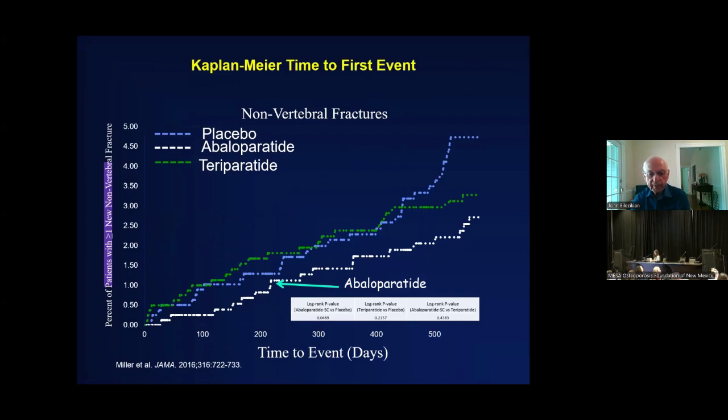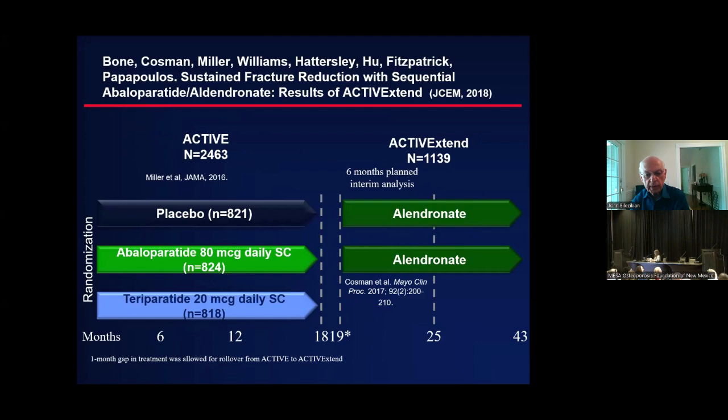There also is some evidence that abaloparatide may begin to affect non-vertebral fractures much earlier in the therapeutic course, as you see in the arrow, as compared to teriparatide, which is actually not different from placebo until you get to about a year. And at that point, you see a differentiation between teriparatide and placebo. So abaloparatide may lead to an earlier effect to reduce non-vertebral fractures.